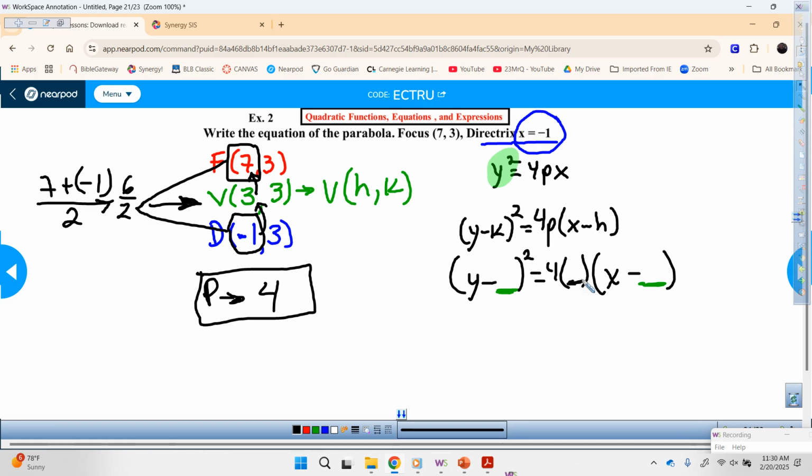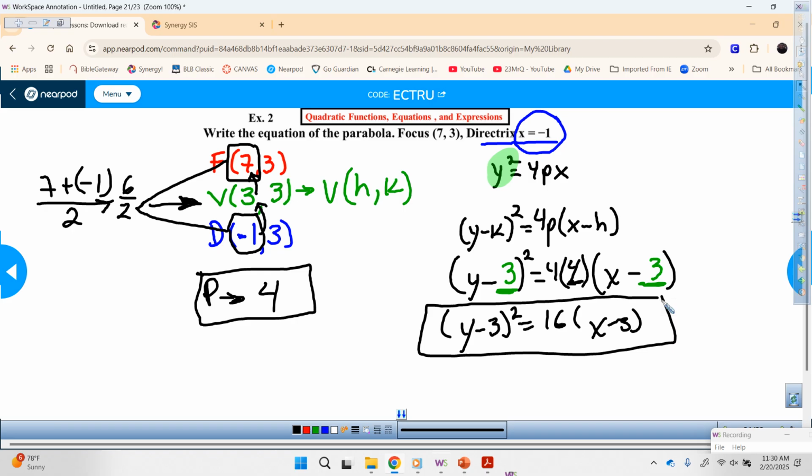All right. Joseph: Three. Y minus 3 squared equals 16 times x minus 3. Hands, have you got that?